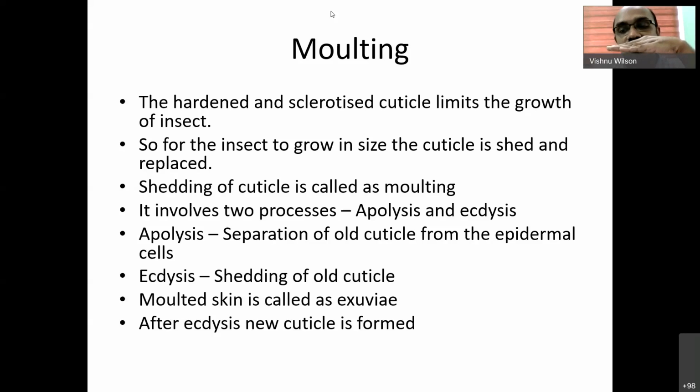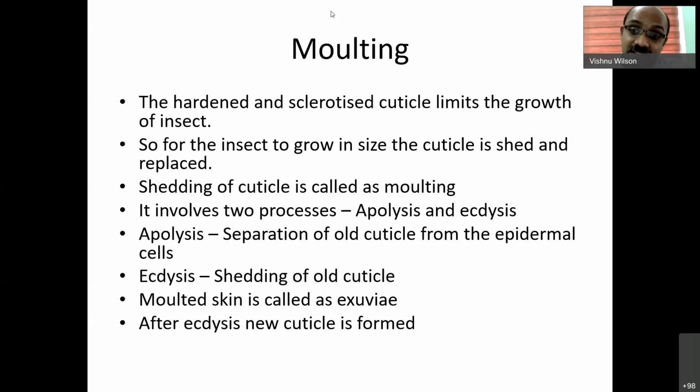And this process of removal of the old cuticle is called ecdysis. So, molting has two stages. First one is the separation of the old cuticle from the new cuticle, that is apolysis.